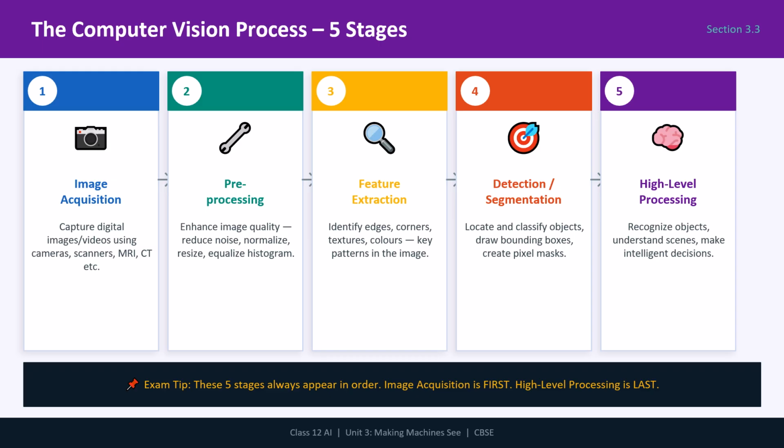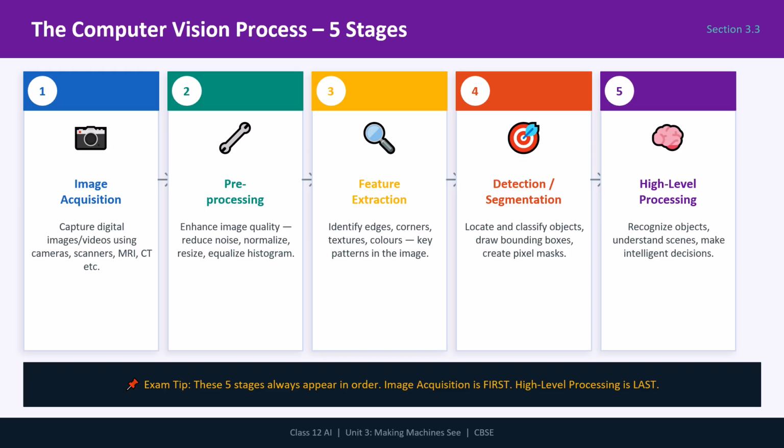Stage 2, pre-processing. Clean and prepare the image, remove noise, resize and normalize. Stage 3, feature extraction. Pull out meaningful patterns, edges, corners, textures, colors.